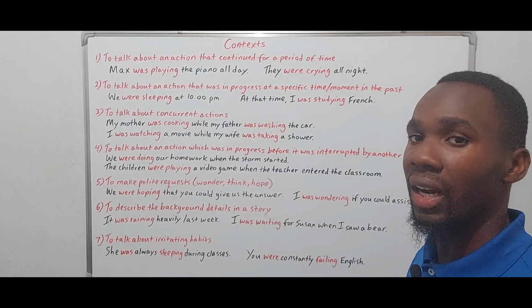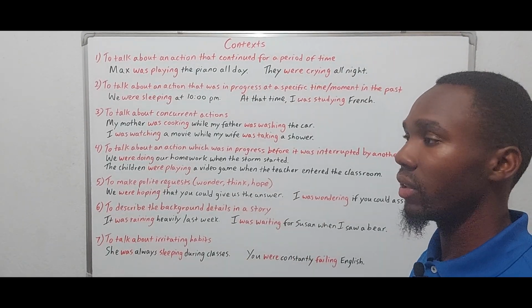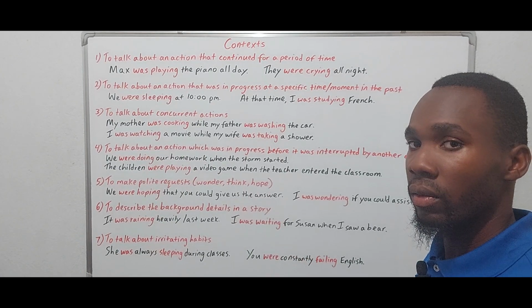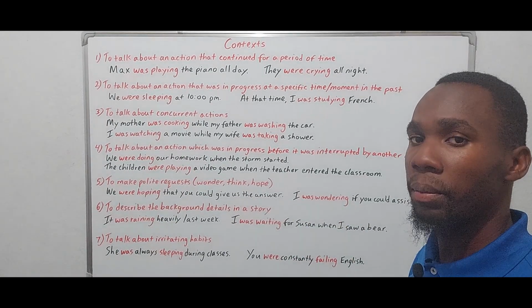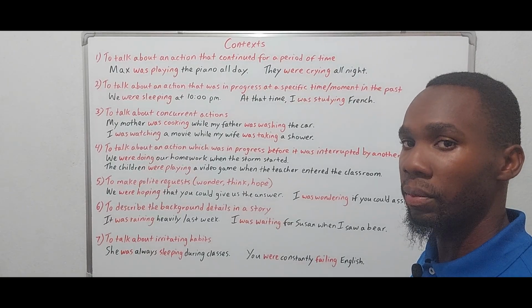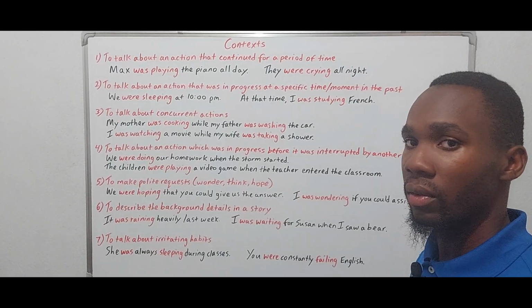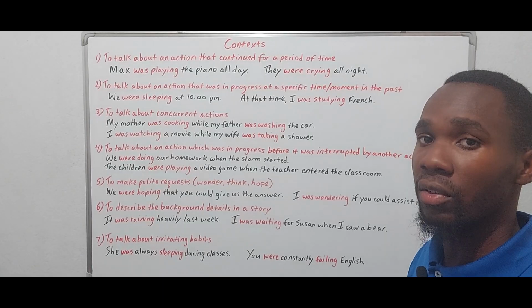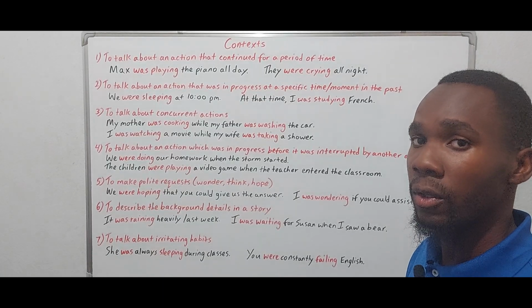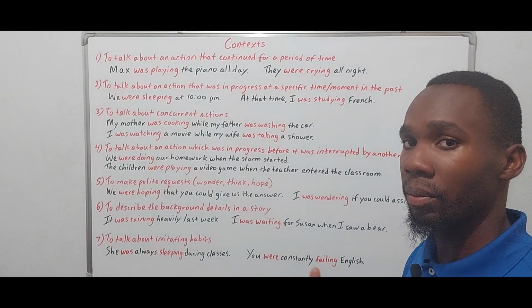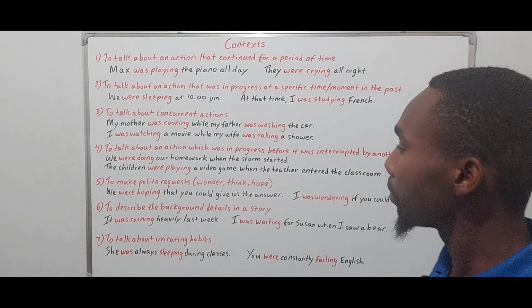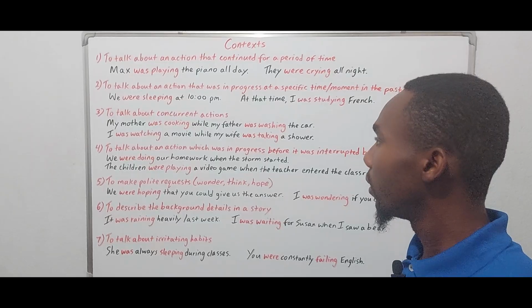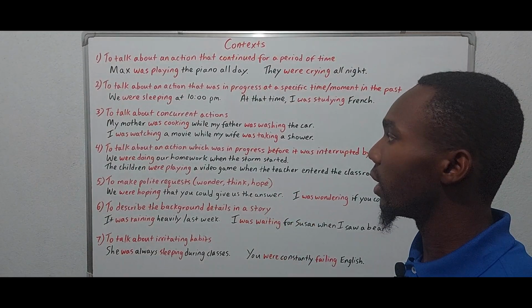Therefore, we would not say I was understanding, you would say I understood. Okay? With those verbs, we don't put them in the continuous. We only use the past simple, right? And the same thing occurs in the present tense, right? We don't put those verbs in the present continuous, but rather the present simple, right? Good. So these are the contexts.